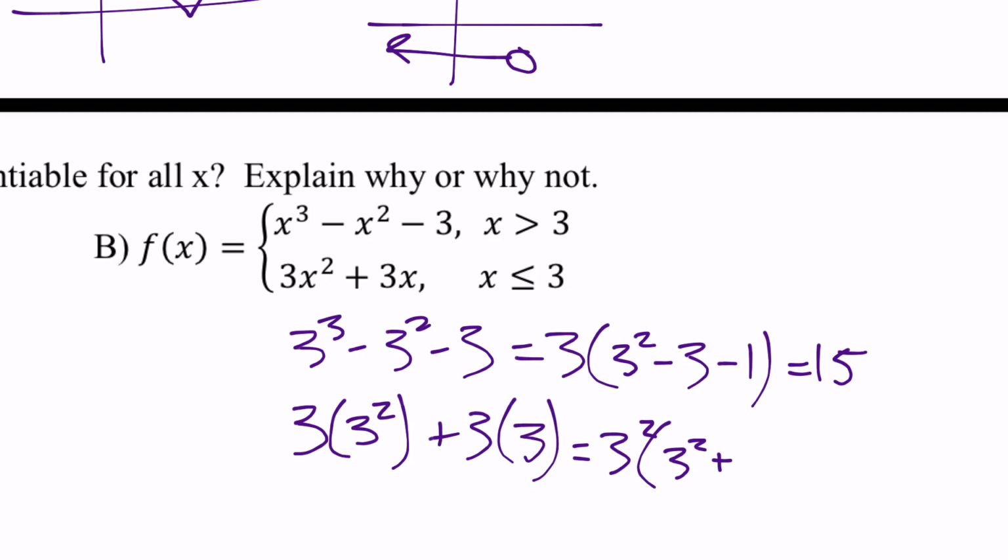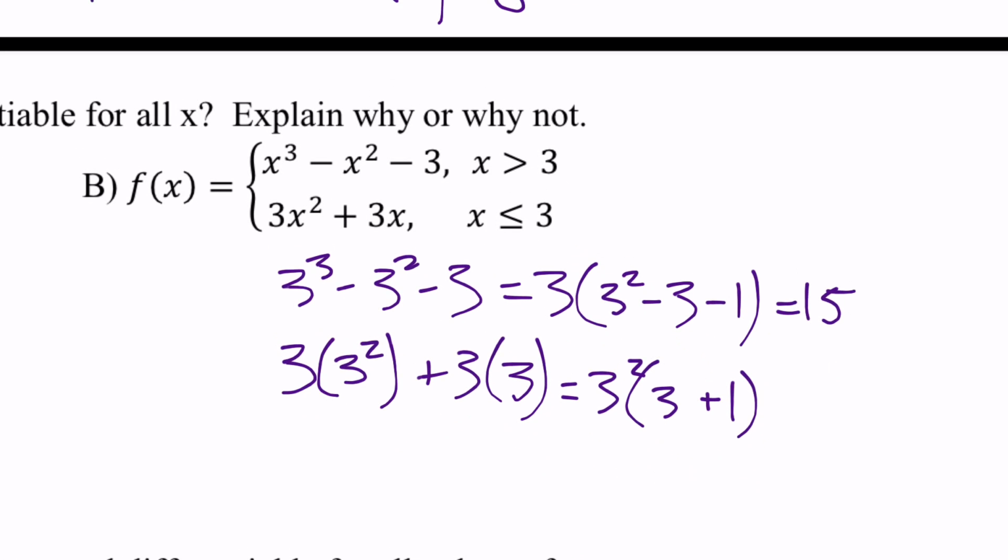Pull out a 3 squared of both those terms, and you have 3 squared times 3 plus 1. Maybe you do it differently, whatever. 3 plus 1 is 4. 3 squared is 9. 9 times 4, last time I checked, was 36, which means this function isn't continuous, which means this function isn't differentiable.